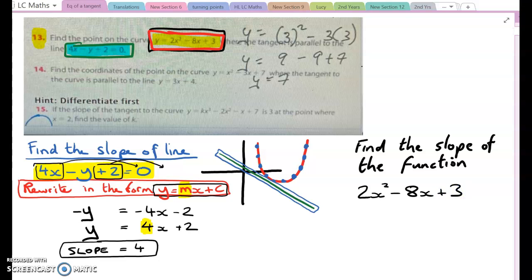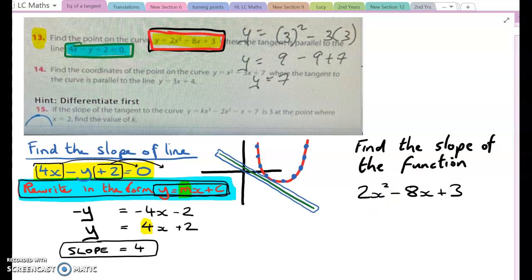To find the slope of a function, doing this won't work because it has an x squared in it. When it has an x squared in it, you can't use that method to find the slope.